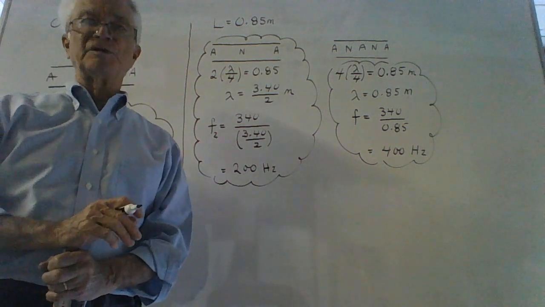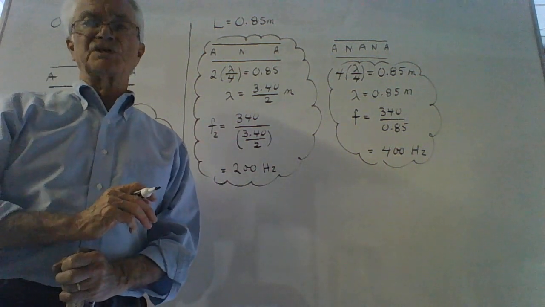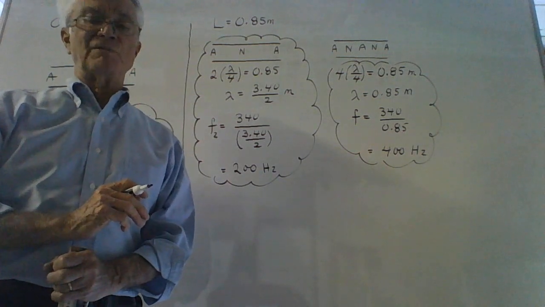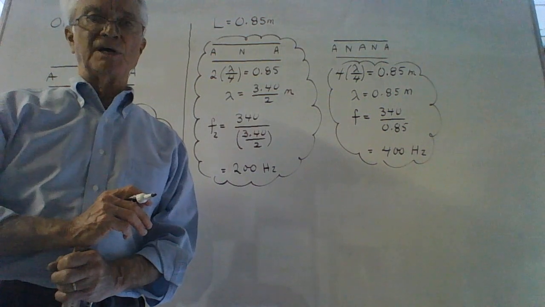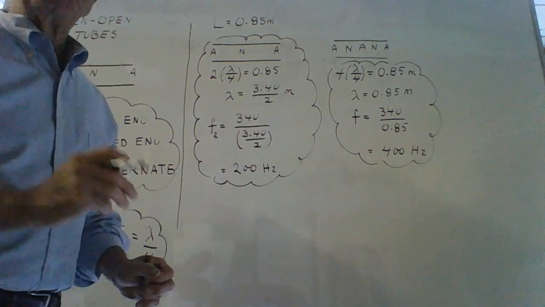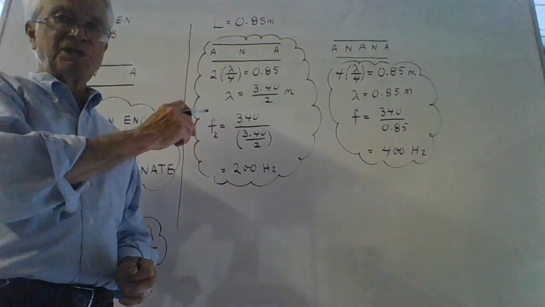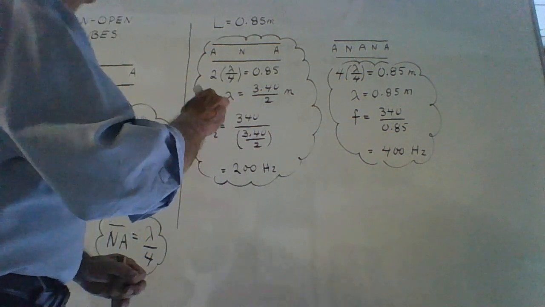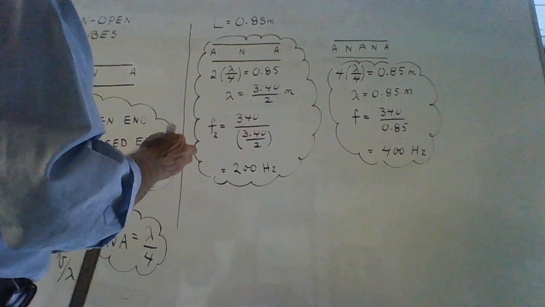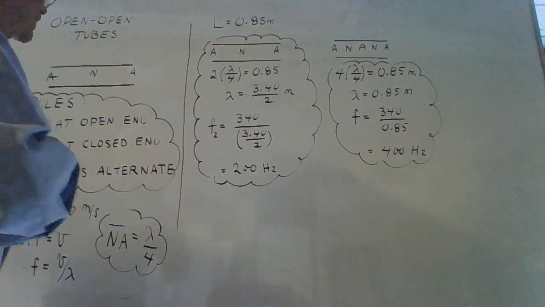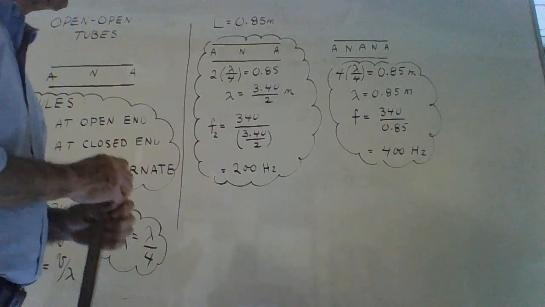Again, the fundamental frequency for any tube is the lowest frequency that resonates in a tube that is open at one end and closed at the other end. Let's find the next lowest frequency that resonates in this open tube.